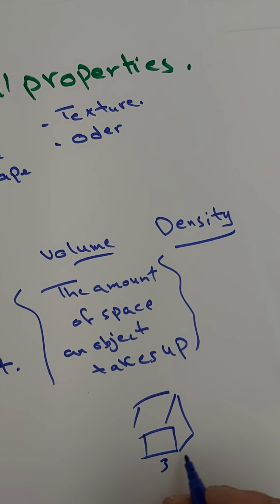So gases have no definite shape and no definite volume. It takes the shape of its container. Not only this, it takes all of the space in its container.